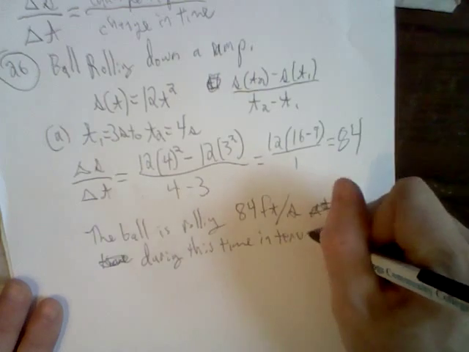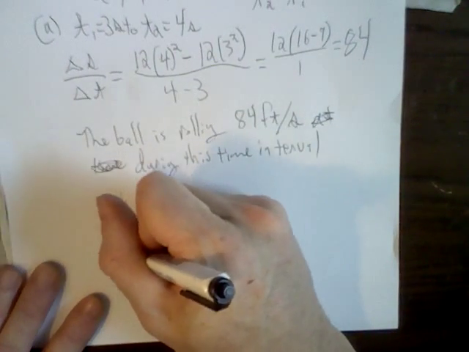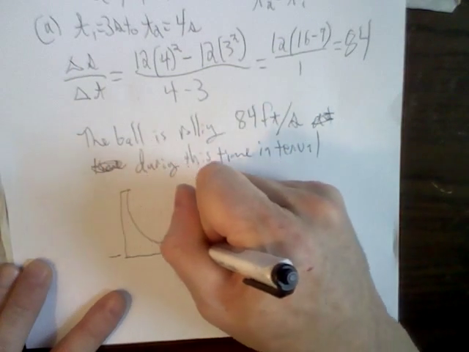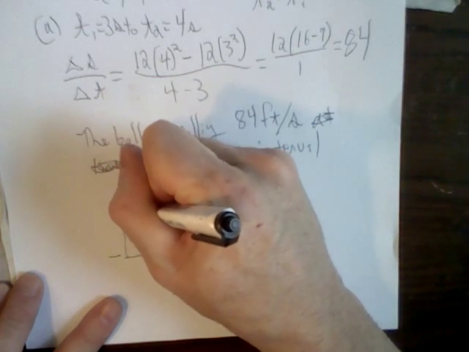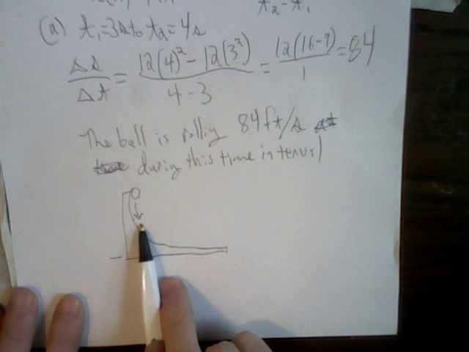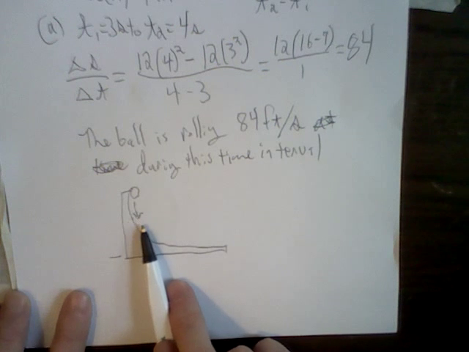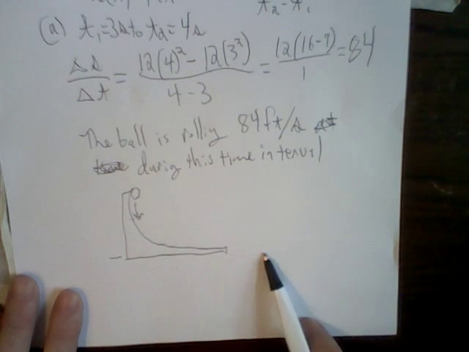Let me just mention then, if you have some sort of ramp and the ball is rolling down the ramp, you can expect that as the ball first starts falling, it's going to have a much higher rate of change compared to over here. If you go over to Cedar Point, you'll see that, right?